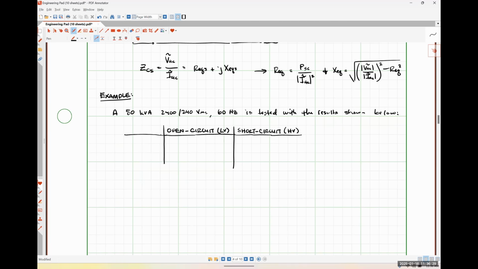Over here on the left, I'm going to put the measurement device, and then I'll give you the results of the test.